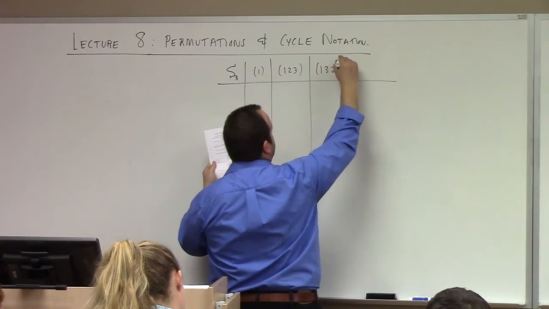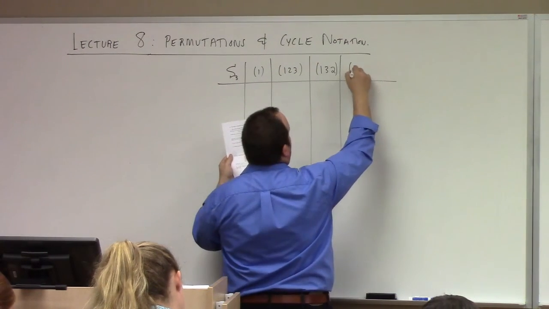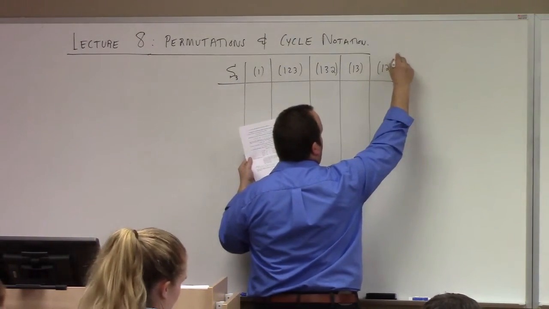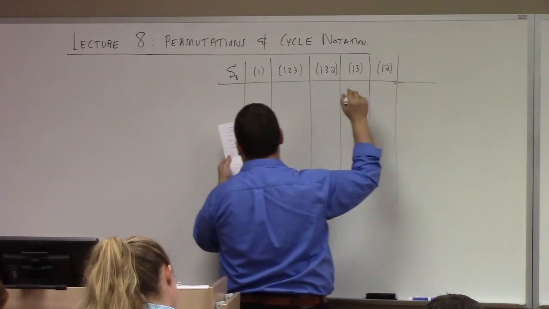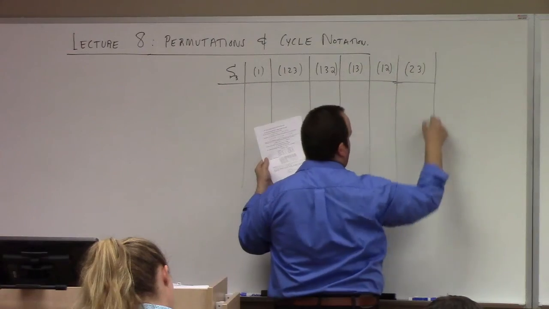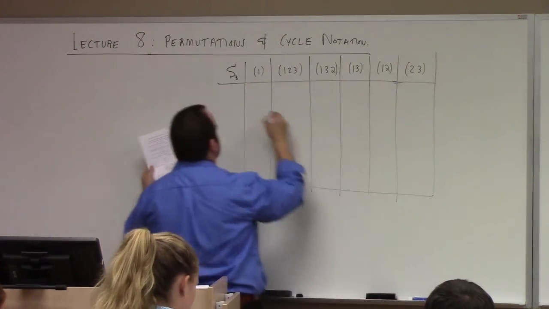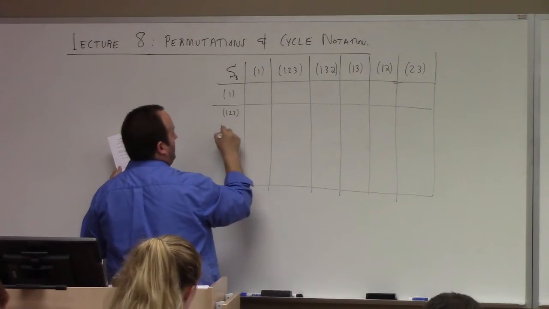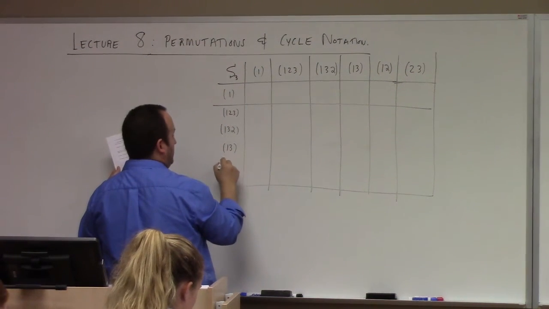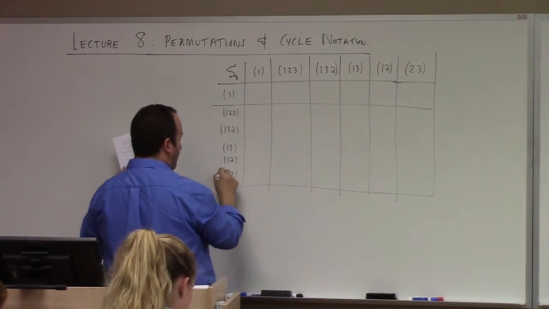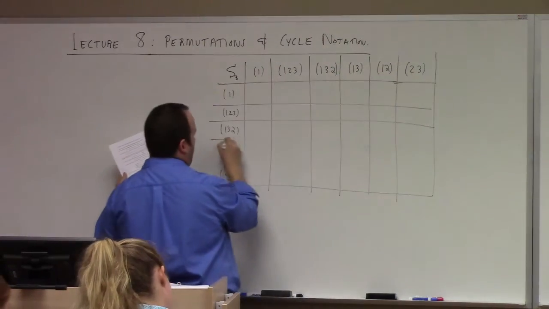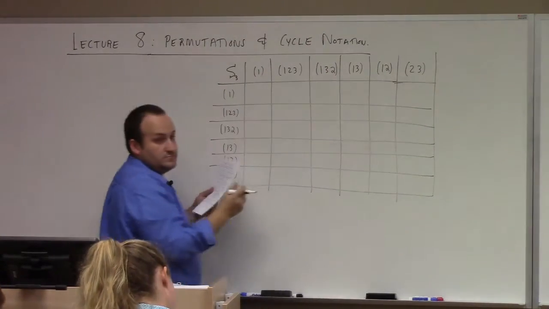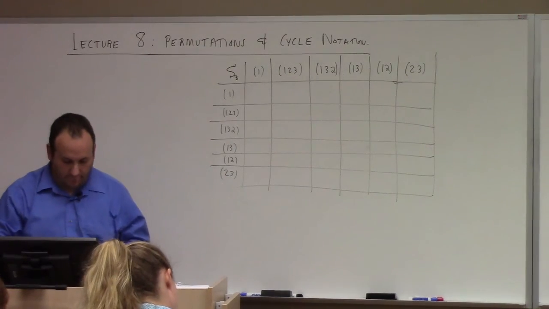How many should we find in here? We just said 6, right? 1, 3. 1, 2. And 2, 3. So I've got 1, 1, 2, 3, 1, 3, 2, 1, 3, 1, 2, 2, 3. Are we not considering the cycle that's just 2?